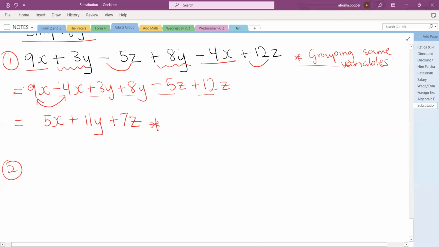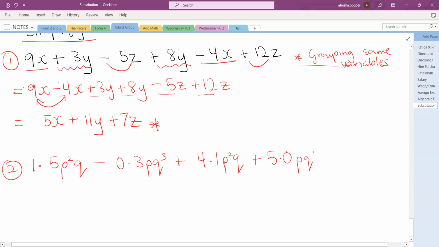So let's do a decimal one. 1.5 p squared q minus 0.3 p q cubed plus 4.1 p squared q plus 5.0 p q cubed.